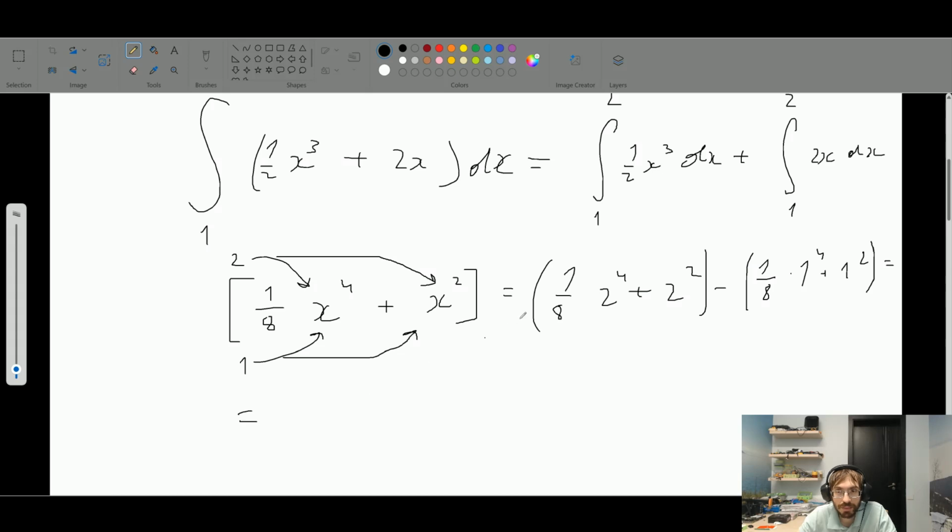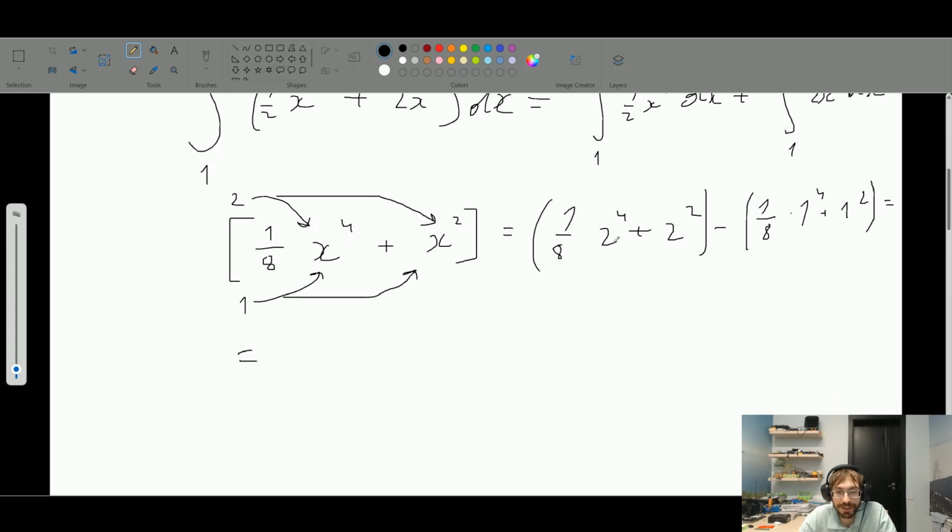And then 2 power 4 is 16, 16 over 8 is 2. So 2 plus 2 power 2 is 4, so 2 plus 4, minus 1 over 8 plus 1. After opening the brackets, or actually here there is no need to open the brackets, we can calculate it straight away. So it will be then 6 minus 1 over 8 minus 1.